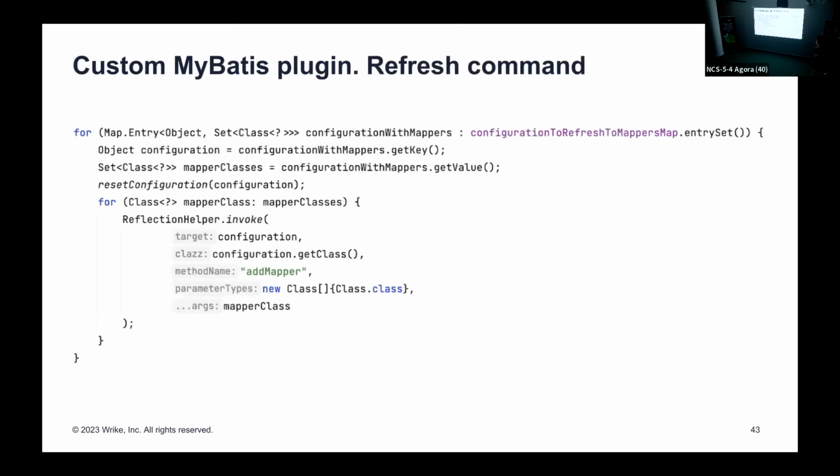And the last part is our refresh command. Here we basically iterate through each configuration and reset it, meaning that we reset the query cache, and then add the mappers one by one to this configuration. So simple as that.